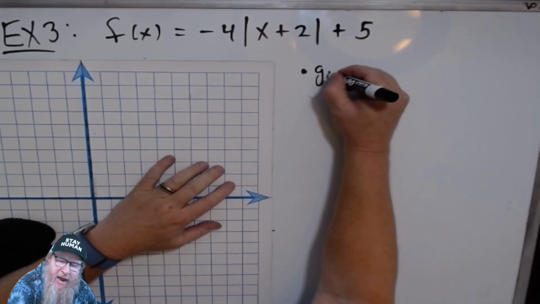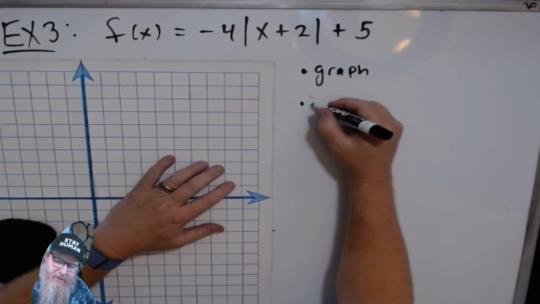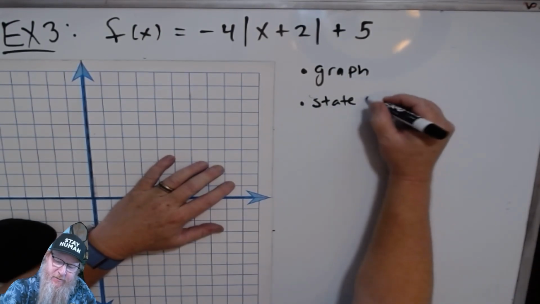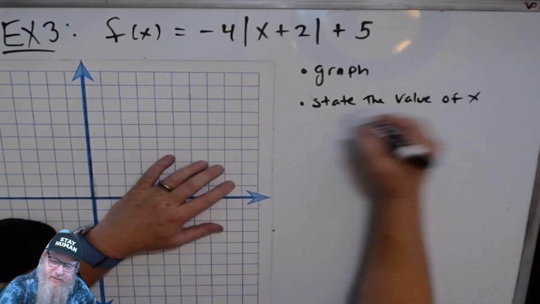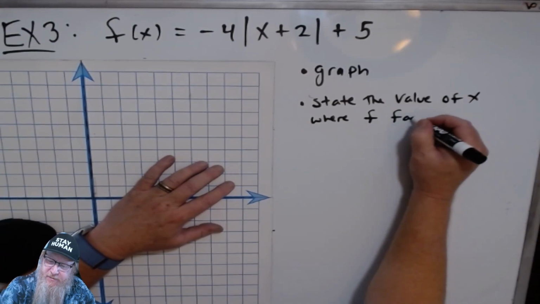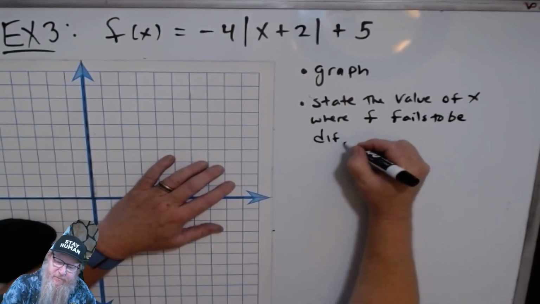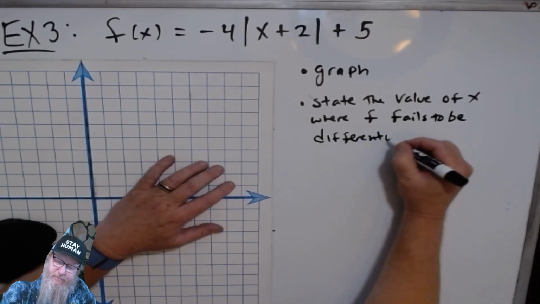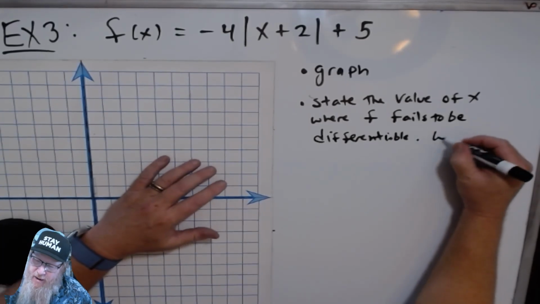Let's draw the graph, and then let's state the value of x where the function fails to be differentiable, and then state y.